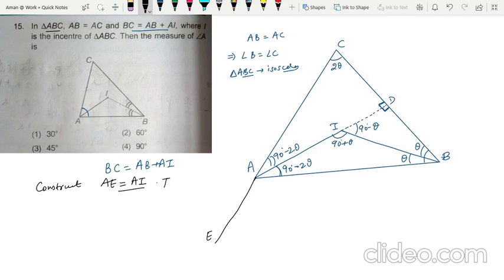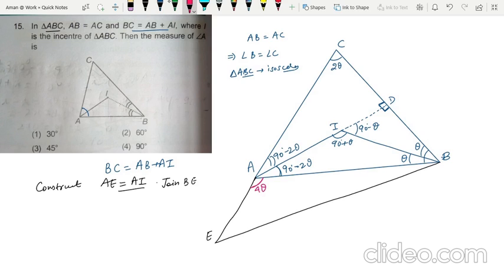After that we join BE. This angle is the external angle of triangle ABC, so it will be 2 theta plus 2 theta, which is 4 theta.